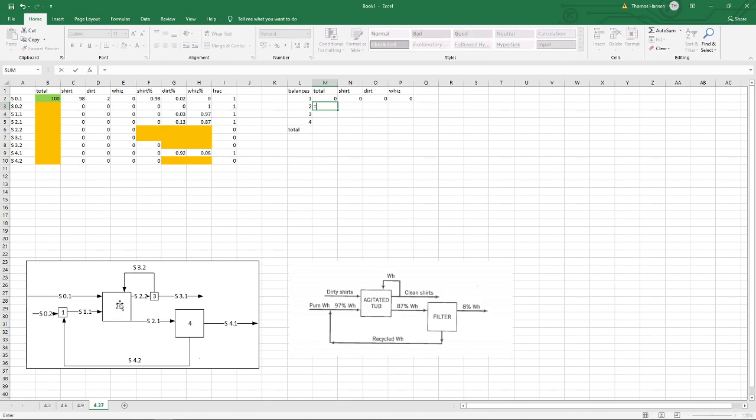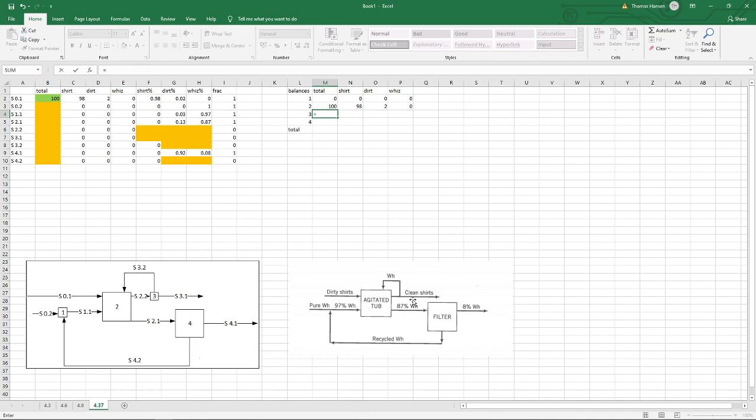For my second unit operation, I have 0.1 entering, I have 1.1 entering, and I have 3.2 entering. So this recycle stream also enters into my second unit operation. What do I have leaving? I have my 2.1, I have my 2.2, and that is all the streams that are exiting my second unit operation. Drag that along.